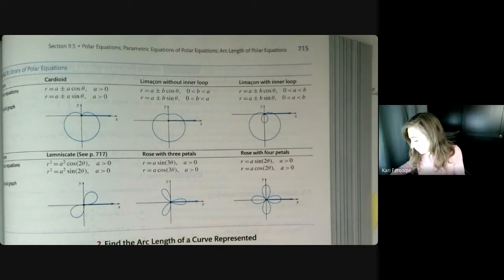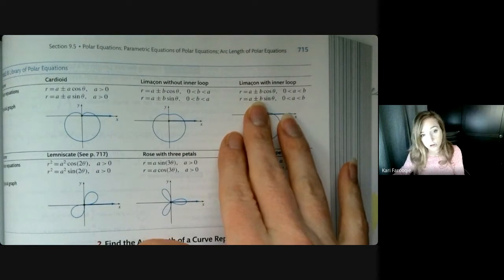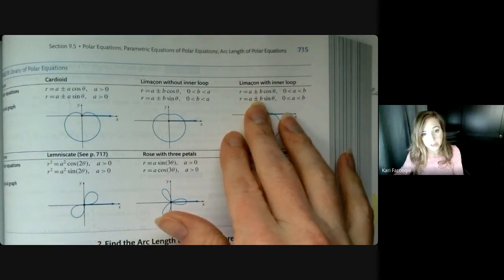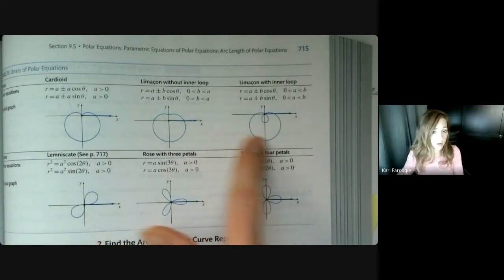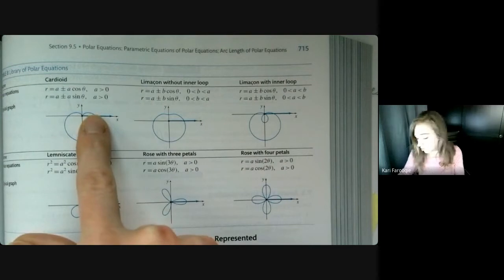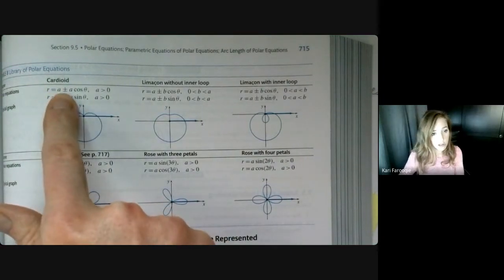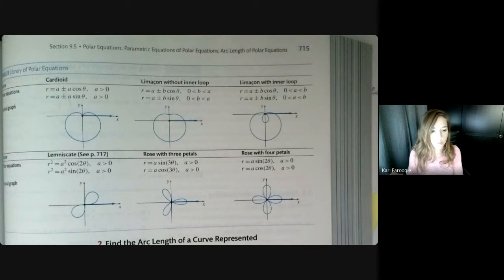But anyway, these are the types of things we're going to be looking at. And this chart is really nice because it kind of helps to show you what you can expect to see. Now, these are looking very, very similar to the circles that we drew. The big difference is with the circles, we didn't have this plus or minus component. We just had a cosine theta or a sine theta. And we talked about how that just took a circle and shifted it either left, right, or up or down.